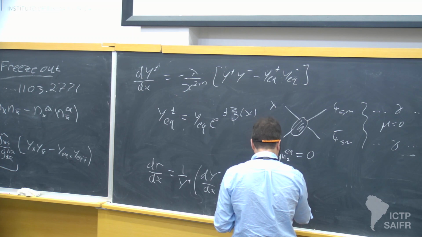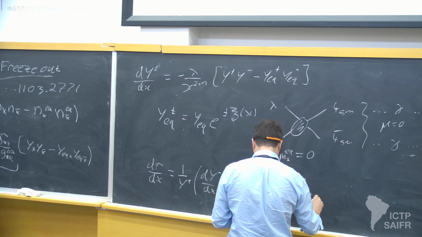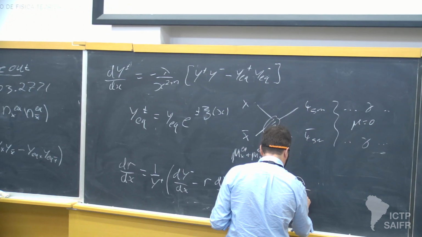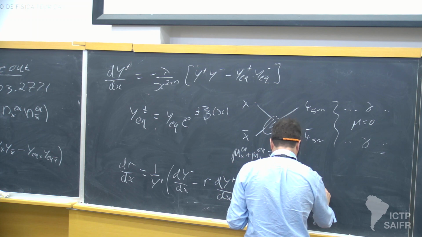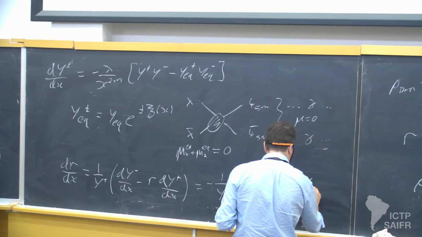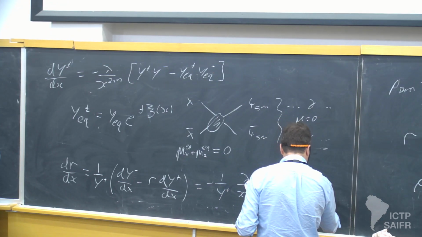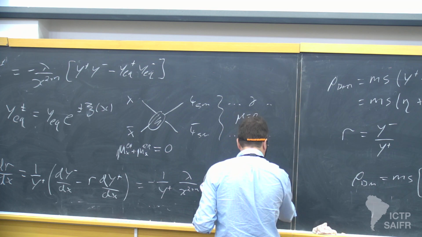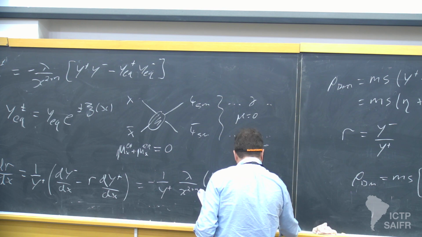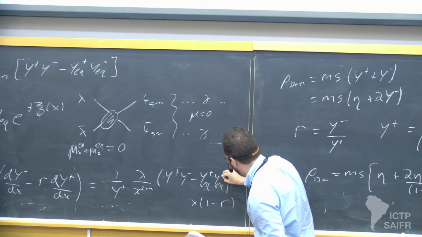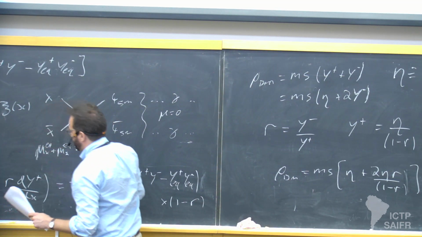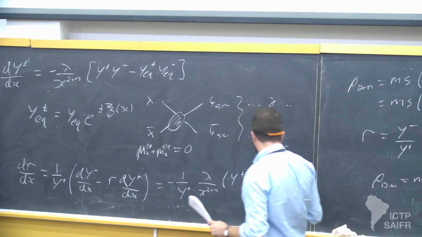So we get -1 on y plus, lambda on x squared times y plus y minus, minus y eq plus y eq minus, times 1 minus r. Okay, I should say, even though I'm writing here y eq plus and y eq minus, this is just equal to y equilibrium squared.